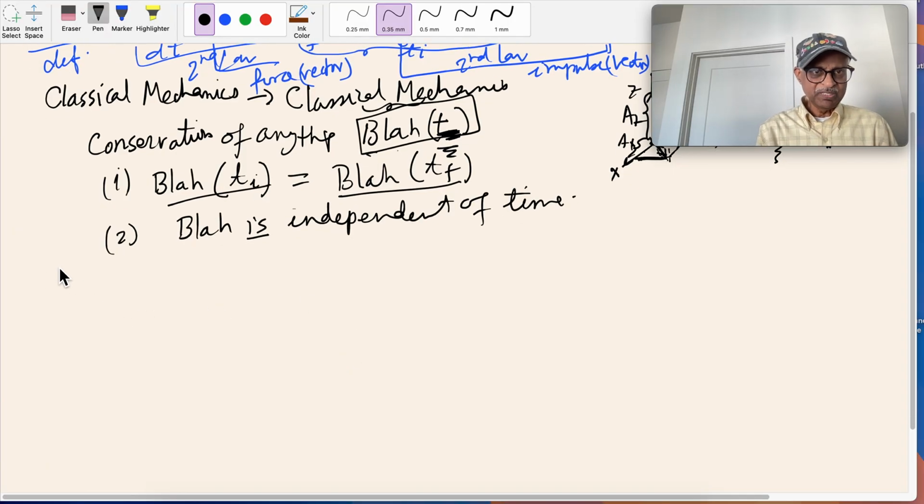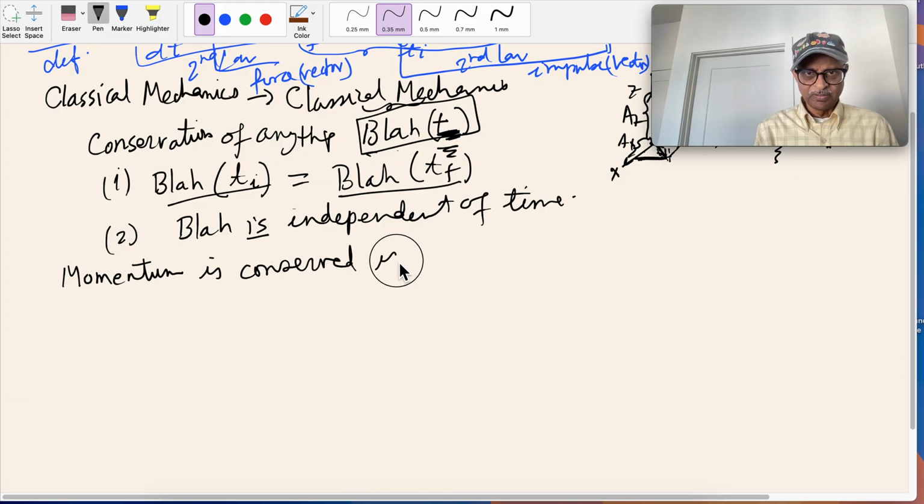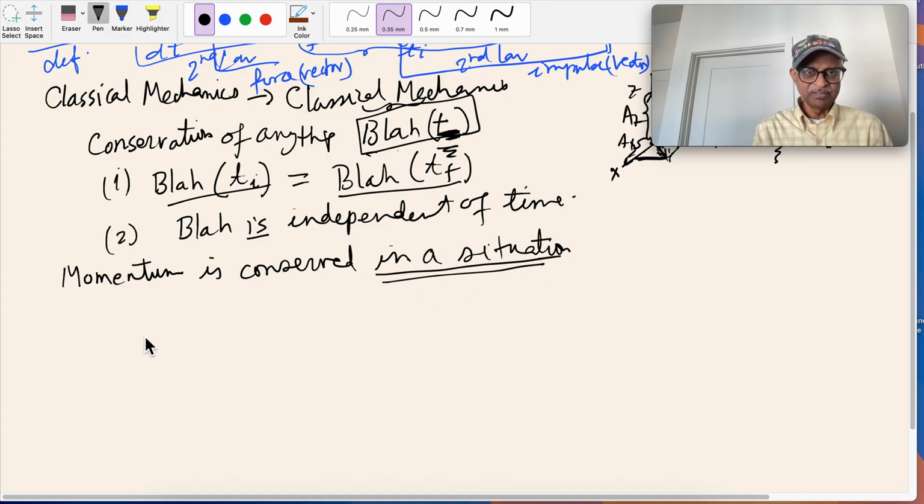So when we say momentum is conserved in a situation, we mean P final equals P initial.